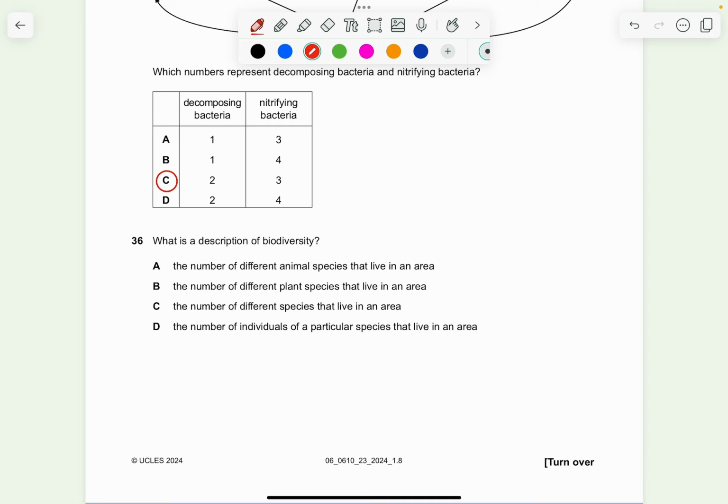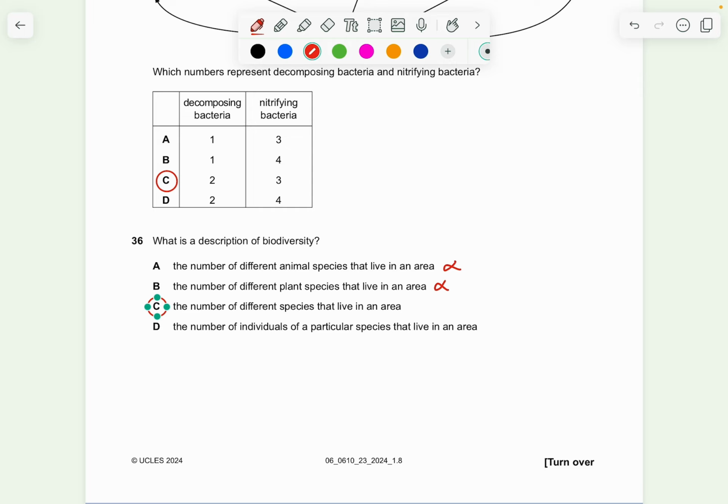Question 36. What is the description of biodiversity? A, the number of different animal species that live in an area. This is wrong. The number of different plant species that live in an area, wrong. So it should be C, because the number of different species has to be animal and plant and the rest of the kingdoms together.